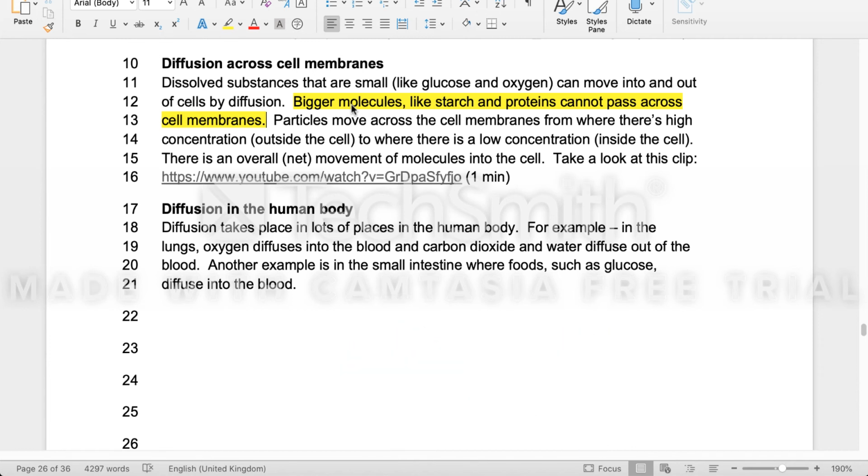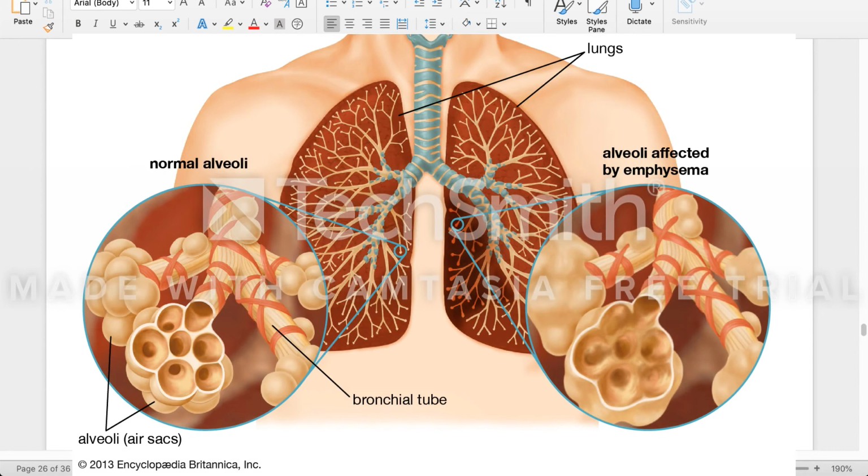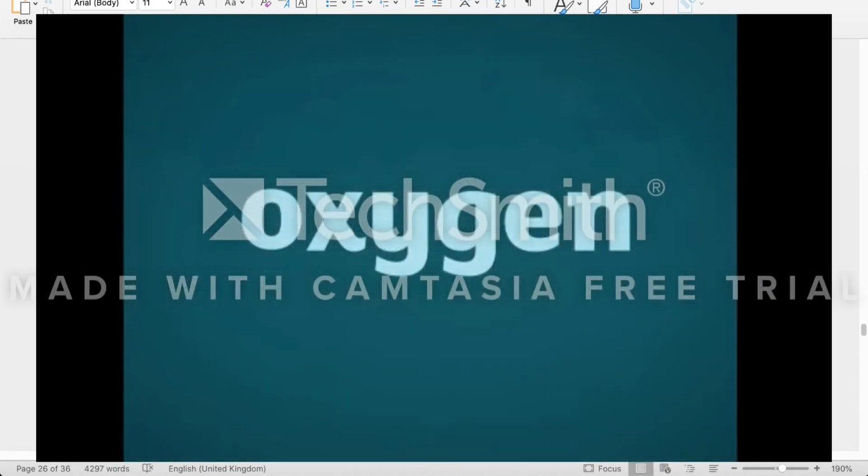All right. And in the human body, diffusion takes place in lots of places. For example, in the lungs. When you breathe in, you're taking in oxygen. The oxygen will go into your mouth and your nostrils, and it will end up inside your lungs where there are these things called air sacs. Your air sacs are lined with veins and arteries.